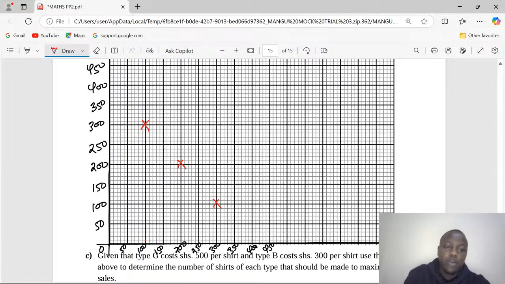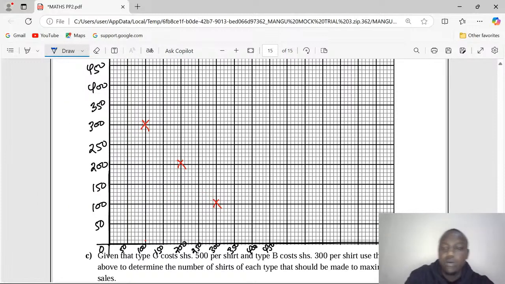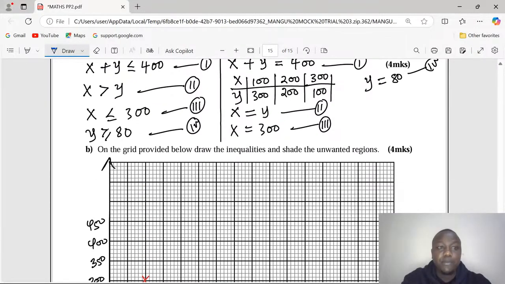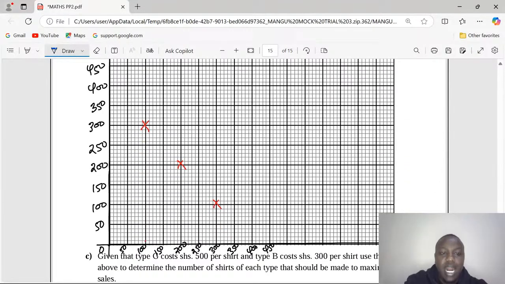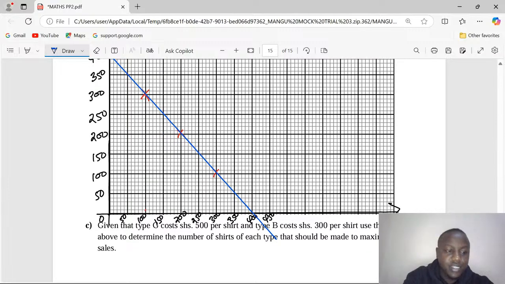So those are the coordinates for the first borderline. We can do it in blue. According to the nature of the inequality, we're supposed to use a complete borderline. Yeah, that is the first borderline.